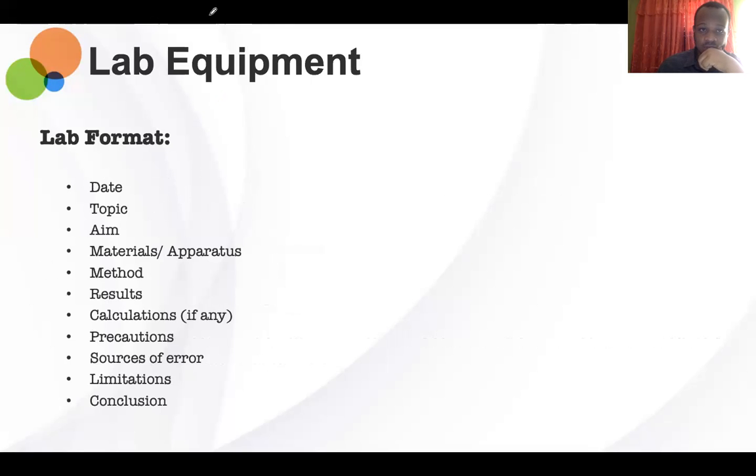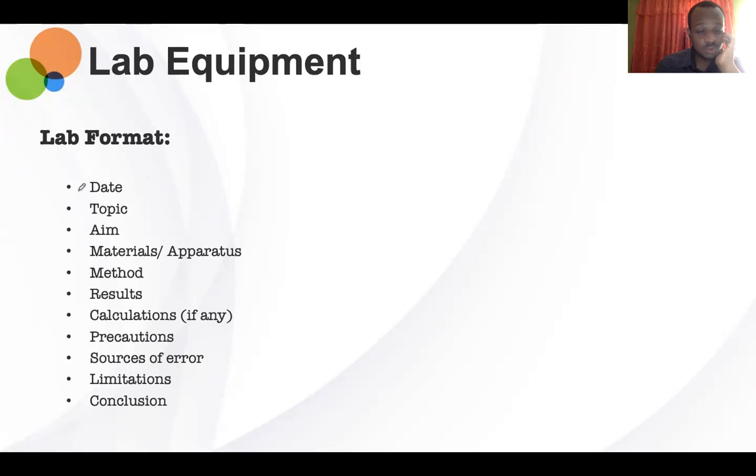But for this class, particularly, we want to go to the lab format. I encourage you to get a pen and a pencil just to write some of these down. I'll state them. Don't worry about it. I'll make the notes here, and then you'll get them. So the lab format is essentially in this way.